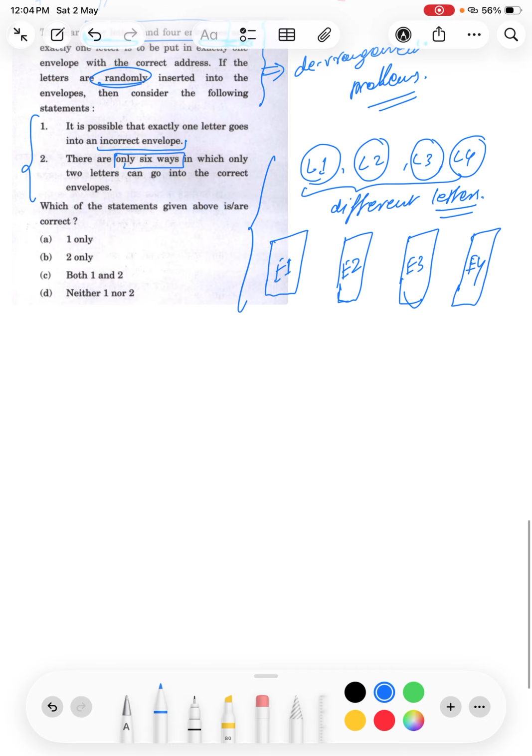Now that you have visualized this problem, let us start solving this.